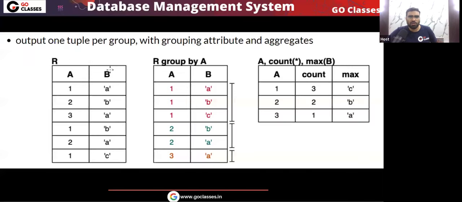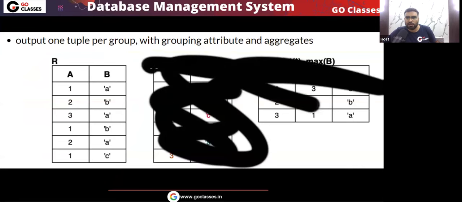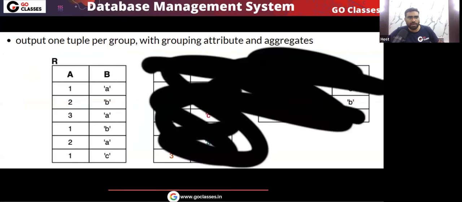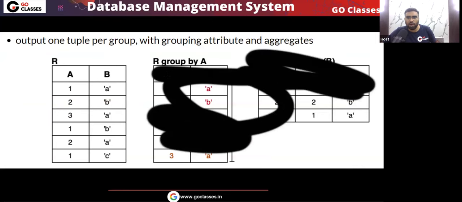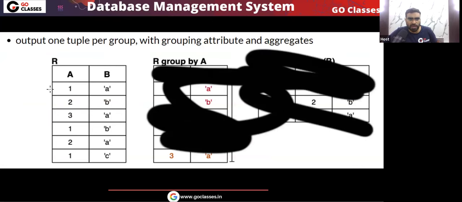Now let's see this. This table R is given to you. If I do group by A, how many groups will be created? Forget about the rest. Group by A: the value of A is 1, 1, 1, so they will be in one group, group 1.